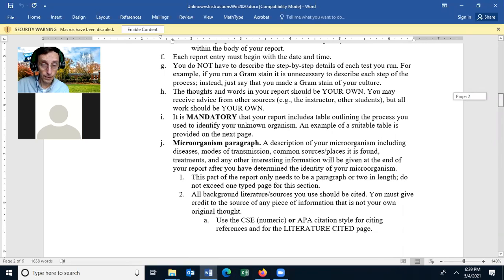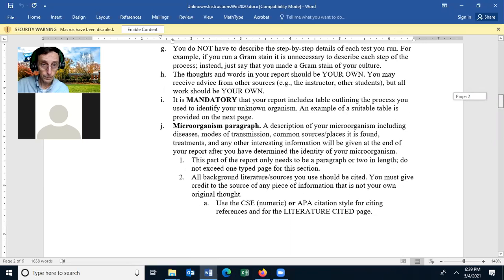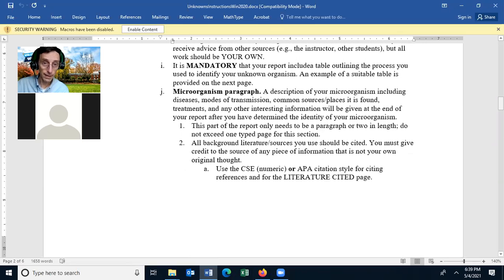It is mandatory that your report include a table outlining the process you use to identify your unknown organism, and I'll show you an example. You should also, at the end of the report, have a microorganism paragraph, meaning you've identified your bacteria. Now, in a paragraph, tell me about that bacteria. It only needs to be a paragraph or two in length.